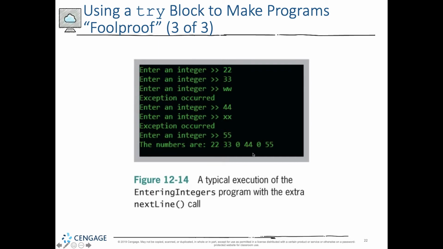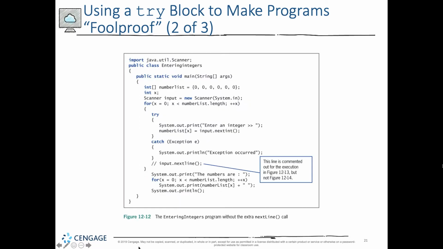Does that make sense to everyone? What happened there? You can go back and see it again if you have questions. There's their array list of zeros. They're going to try to input. If it fails, it's not going to access that input, but it's going to go on to the next one. Now, here they're using input next line.